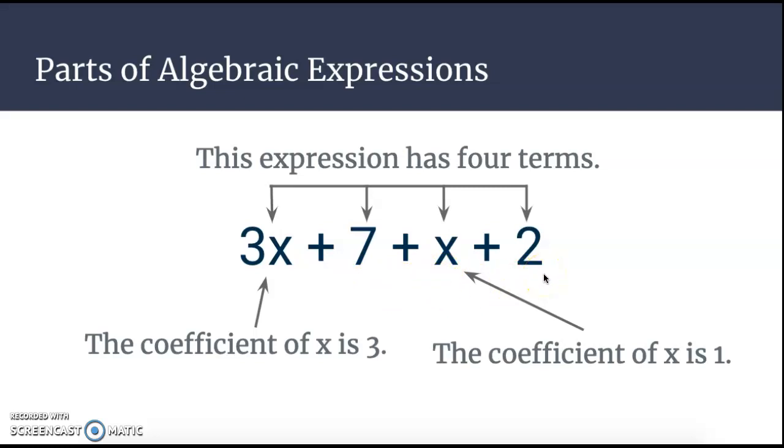Now when we're talking about like terms, we're saying which terms kind of look alike, or which terms have the same variable to them. So 3x and x would be like terms because they both have an x. And 7 and 2 are like terms because they are both constants, or because they both do not have a variable.